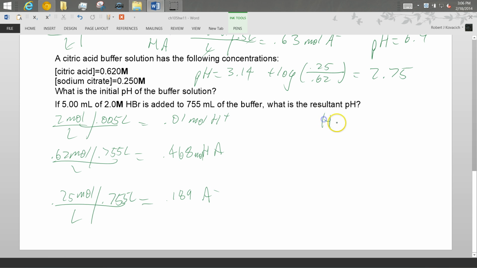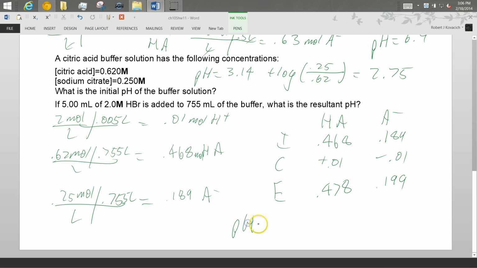Okay, so then I've got my acid and I've got my salts, and my initial is 0.468 and 0.189, and my change is what? Add more acid. So add 0.01 here and subtract 0.01 here. And then at equilibrium, I'm going to end up with 0.478 and 0.199. Okay, and so then I just do the calculation again.